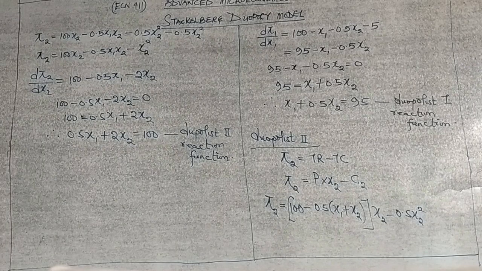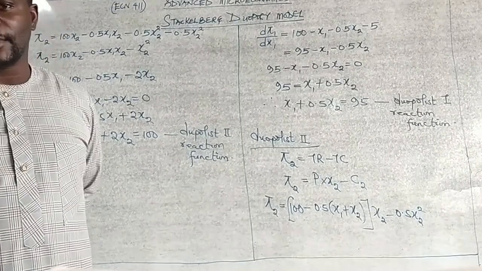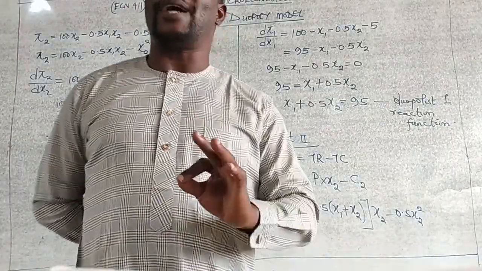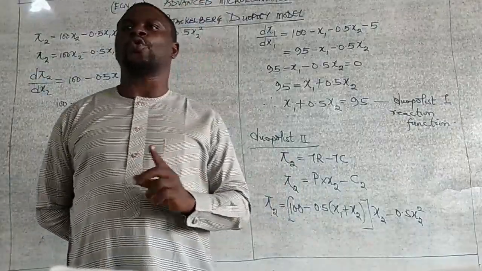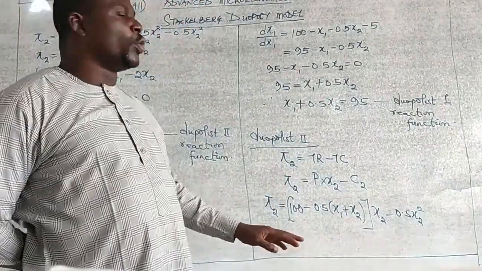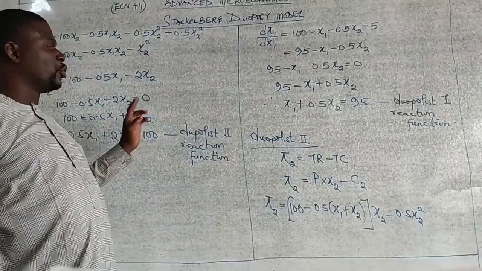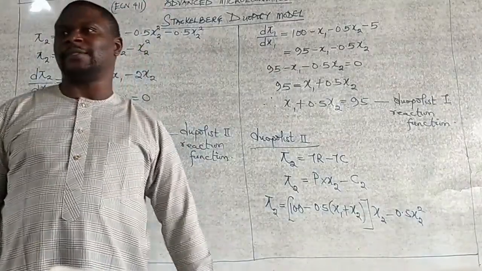Let me give you time to copy this now. In the Stackelberg model, it is always assumed that duopolist 1 is more sophisticated than duopolist 2. So on that note, you will substitute the reaction function of duopolist 2 inside the profit function of duopolist 1.